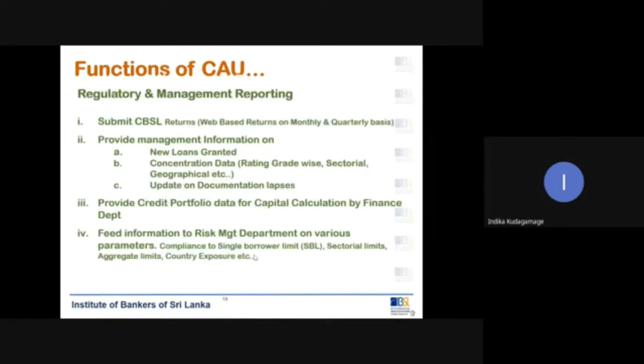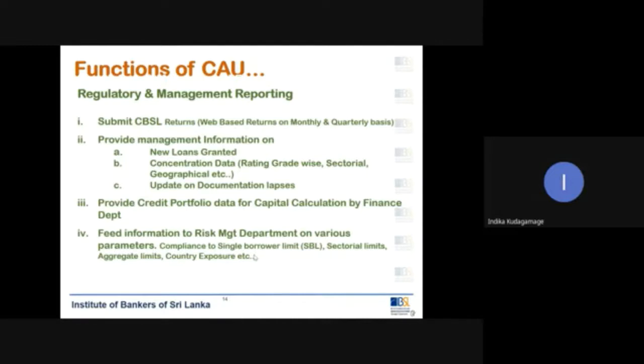Regulatory and management reporting, provide all CBSL requirements. Then management reporting to the board and the top management: new loans granted, concentration data, update documentation lapses, pending documentation, neglected documentation. All those things need to be updated by CPU, CAU, right?